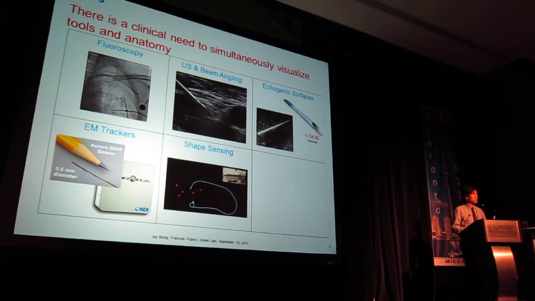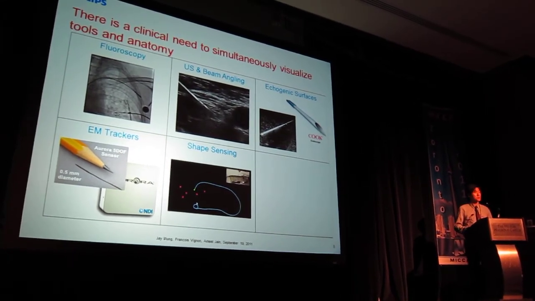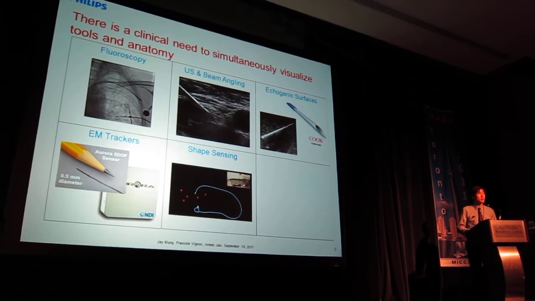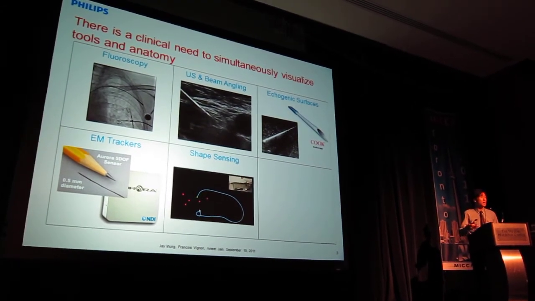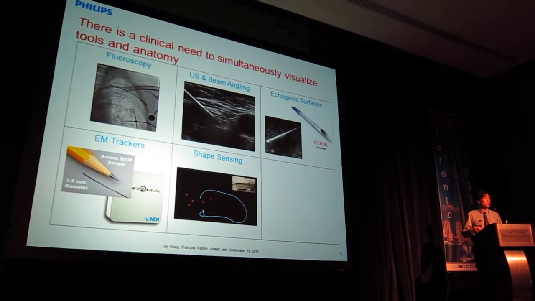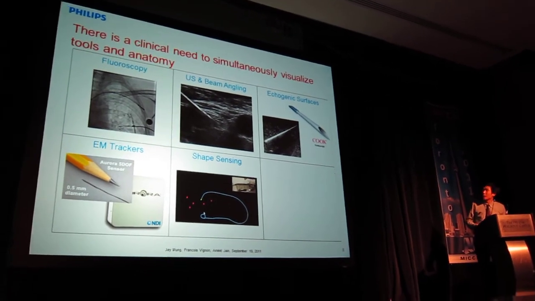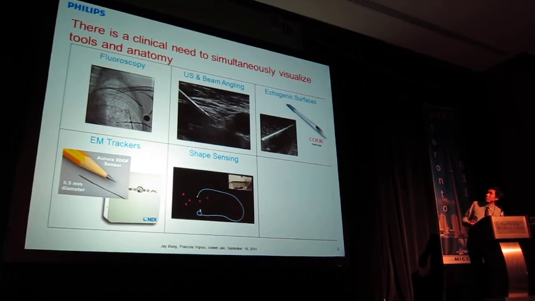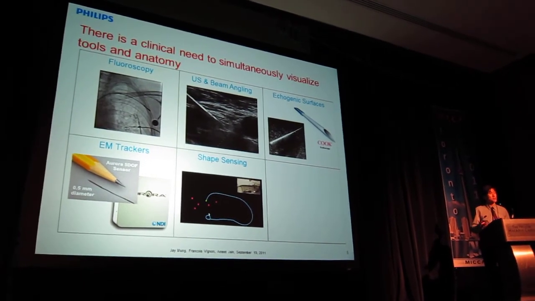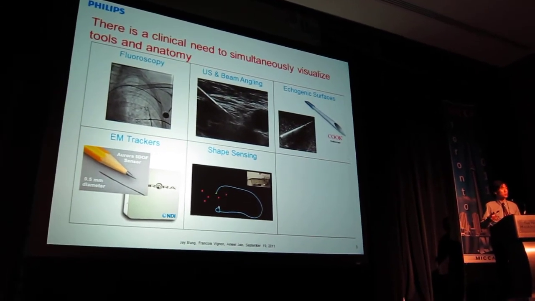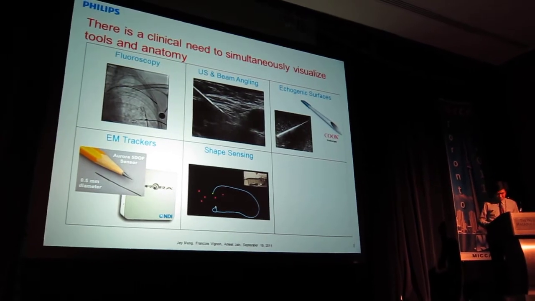There are also ultrasound-only based approaches, such as beam angling, where the ultrasound imager will angle its beams to provide a more favorable imaging parameter. There are also these so-called echogenic surfaces where tools are specially textured to show up brightly on ultrasound images.